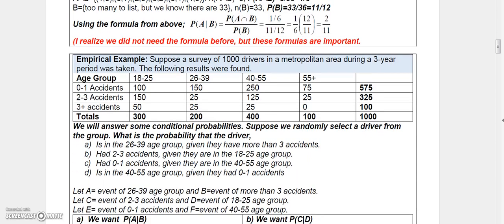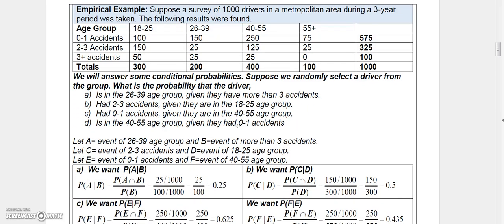And so let me finish this with this last empirical example here. Suppose a survey of 1,000 drivers in a metropolitan area during a 3-year period was taken, and the following results were found. So, here's a table, and so we will answer some conditional probabilities.